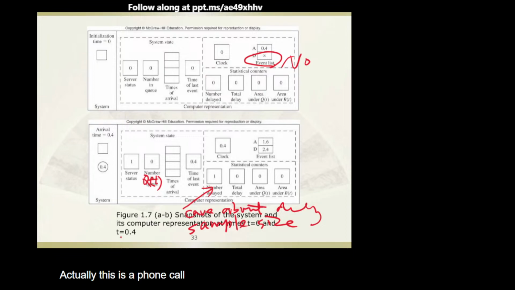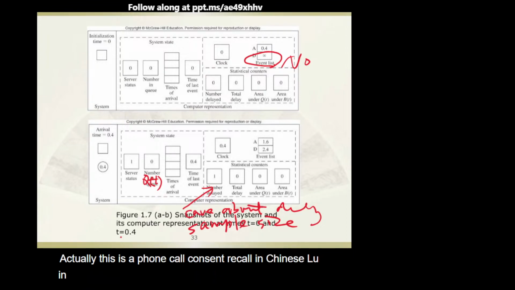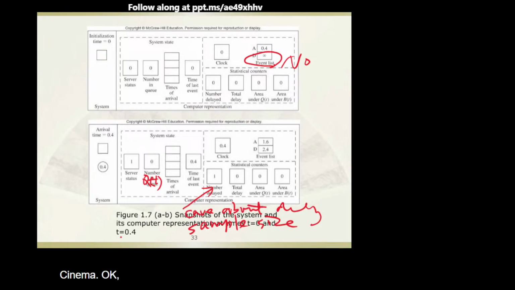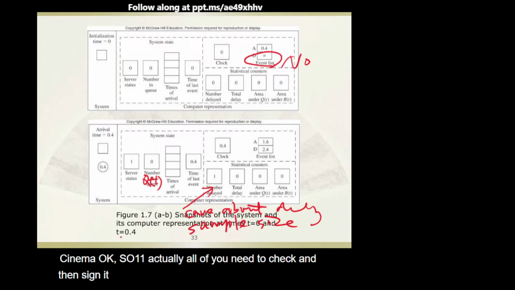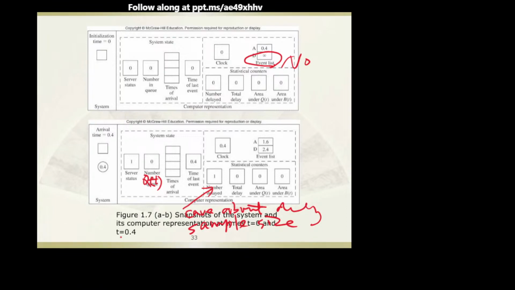In Chinese, 录影同意书, because we will actually be recording, especially when you have activities, it will switch to your side. Okay, so actually all of you need to check and then sign it and return. Check it first.